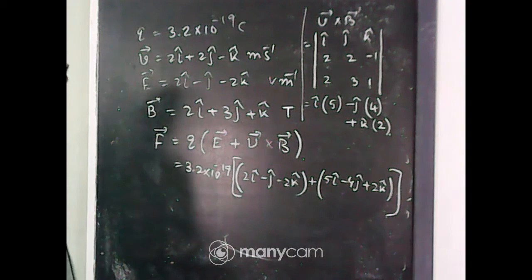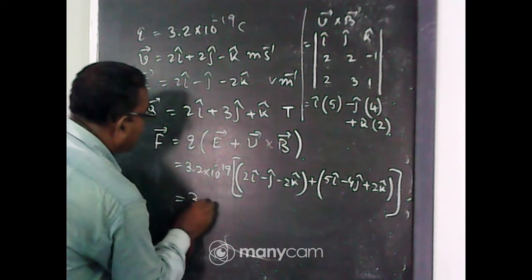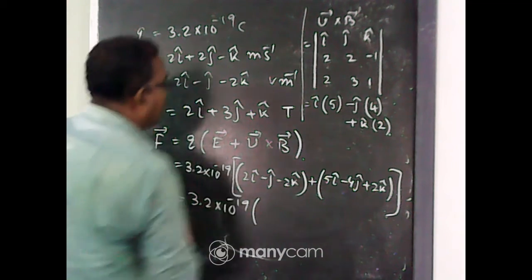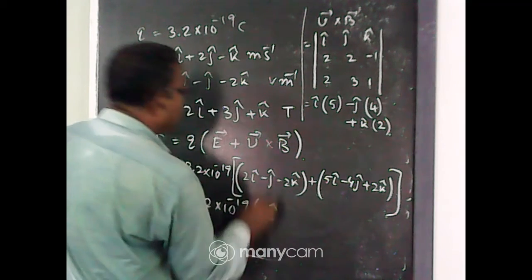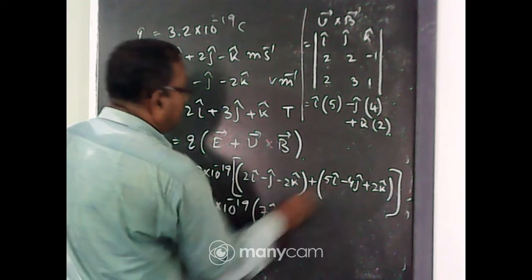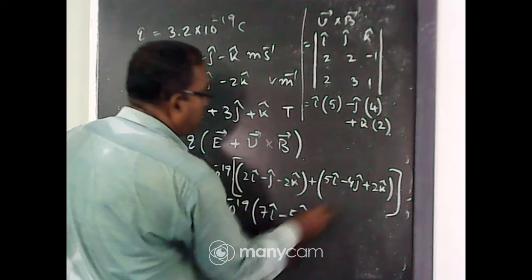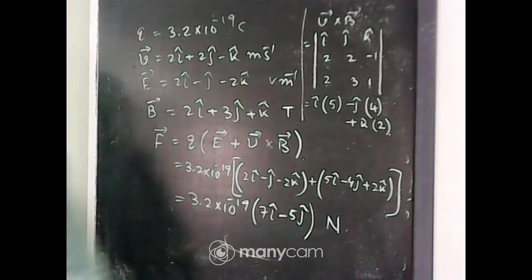Okay. So that value will be 3.2 into 10 to the power minus 19 into 2i plus 5i, 7i, minus j minus 5j, minus 2k plus 2k equal to 0. This is the Newton. That is the answer.